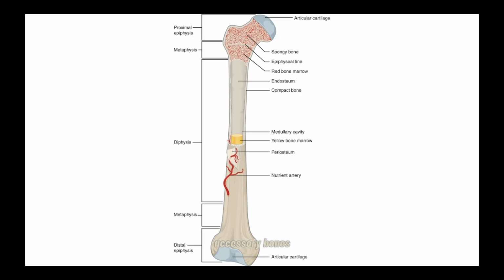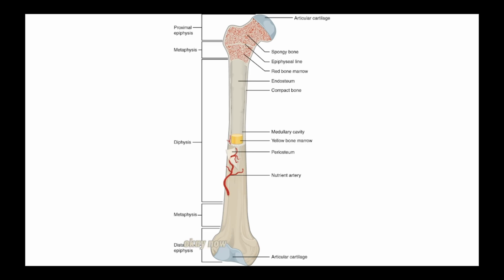Accessory bones usually occur when developing bones don't fully fuse, meaning not everybody has these, such as sutural bones, which would be a bone that forms on the suture line of the skull.